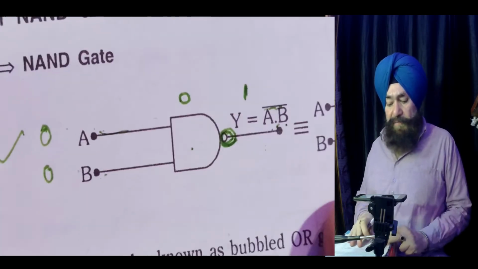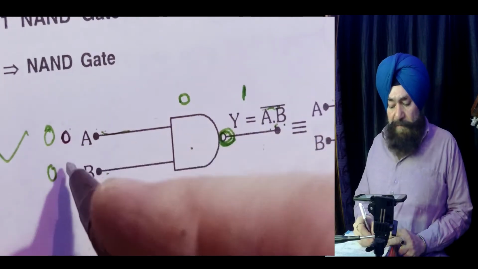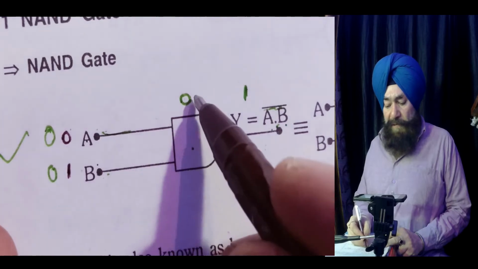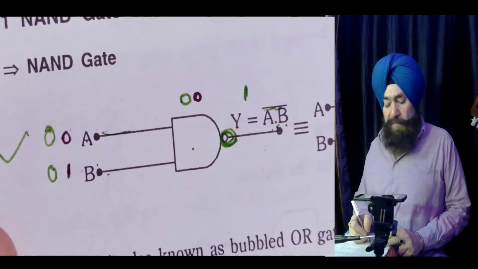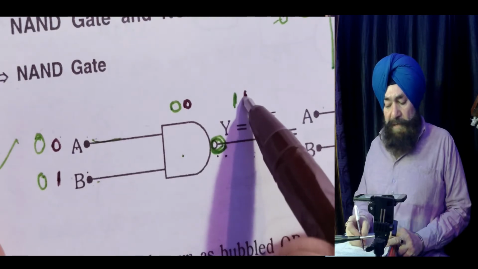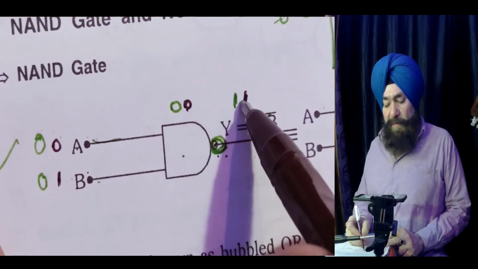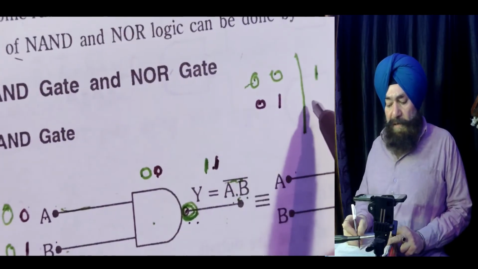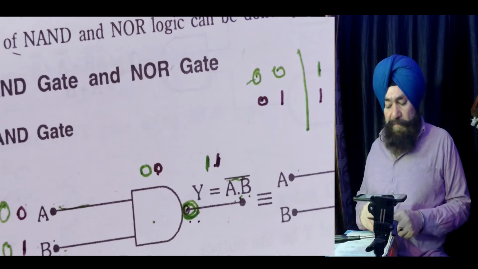Now coming to 0, 1: AND gives 0, and because of the NOT, 0 becomes 1. So 0, 1 gives 1.